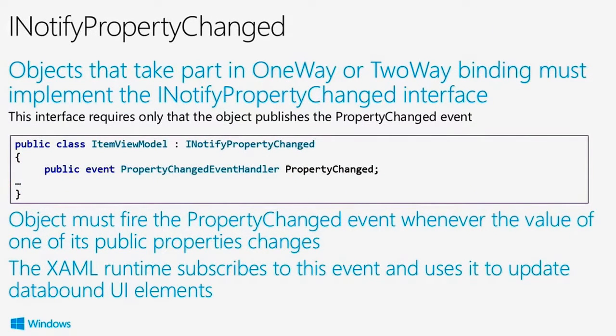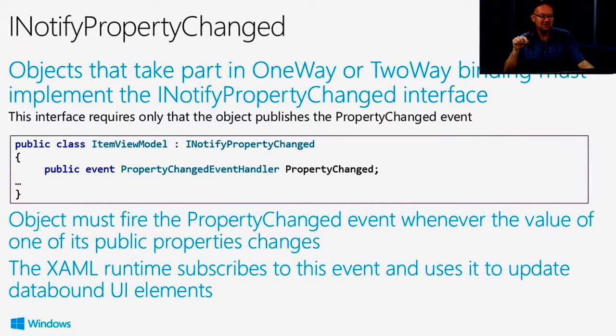How does a view manage to get alerted that a property has been updated in your view model by some background logic, or by some logic you're running in a task, or you've gone off to get some data from the web and you've updated your view model? The way that a view model does that is very simple. There's nothing magic about this. It's just firing an event whenever a property changes, and that event is called PropertyChanged.